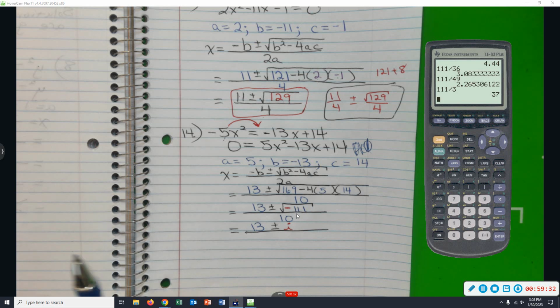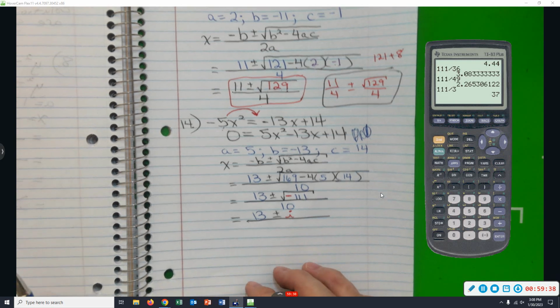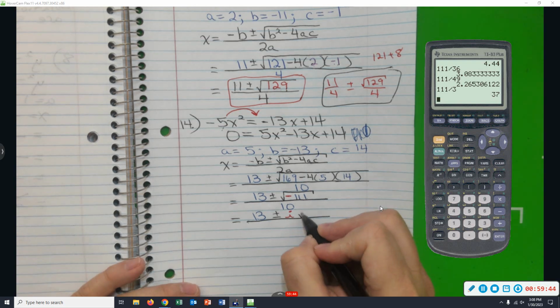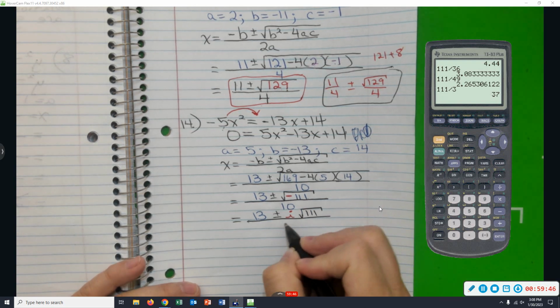Once again, if it's an odd looking number that you rarely see under square roots, it seems like the program is designed not to make it too messy. The square root of 111, we leave it as the square root of 111.